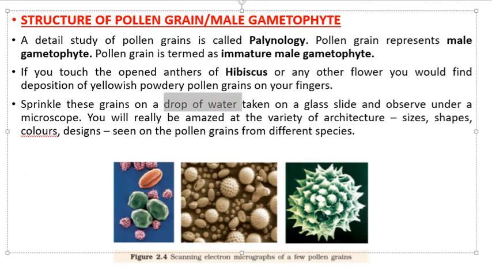When you sprinkle this yellowish powder on a drop of water and see it in a microscope, you can see a variety of sizes, shapes and colors of these pollen grains. Different species have different pollen grains, with different sizes, shapes as well as colors. In the diagram shown below, you can see the variety of size, shape and color of the pollen grains.